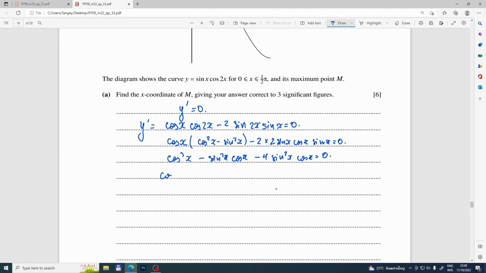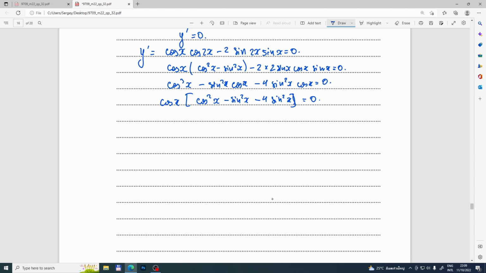Factor out cosine x. And we get this equation. Now, the product of two things equal to 0, so that means either cosine x equals 0, or the bracket equals 0.